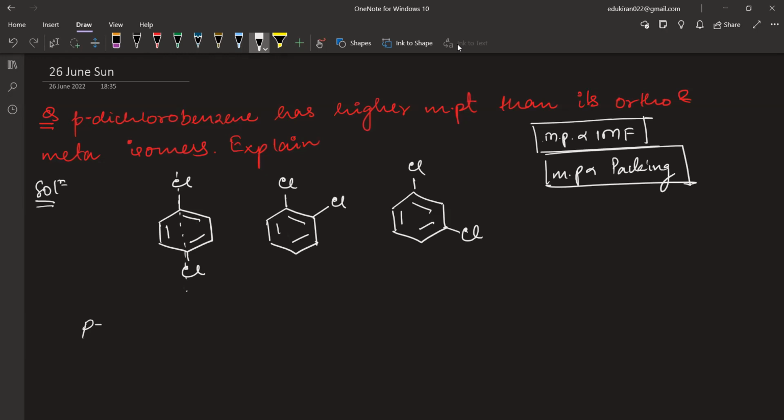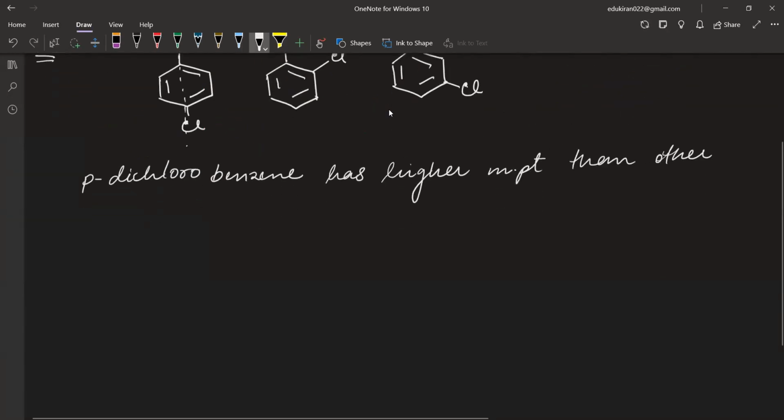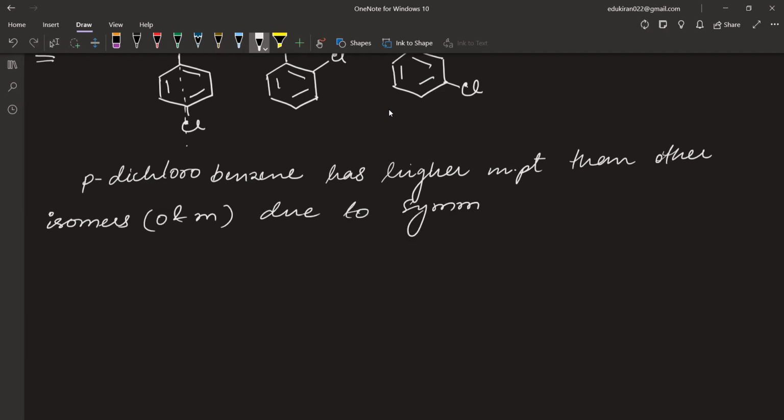So we'll write p dichlorobenzene has higher melting point than other isomers, that is ortho and meta ones, due to symmetrical structure.